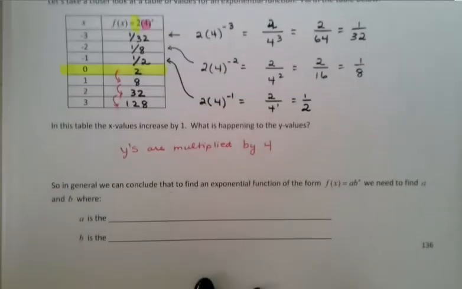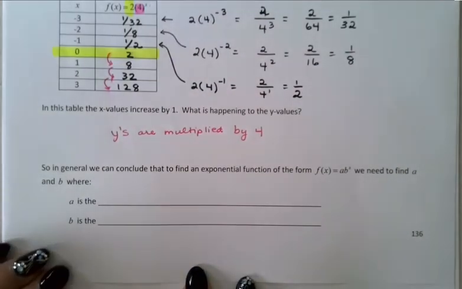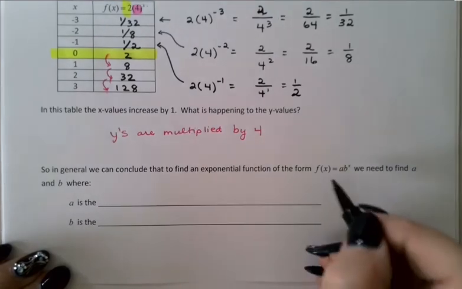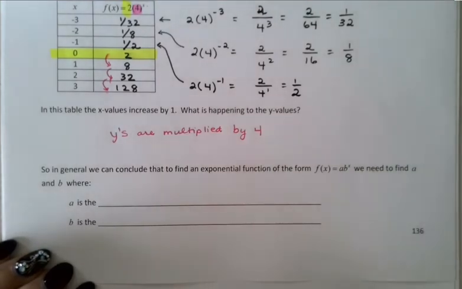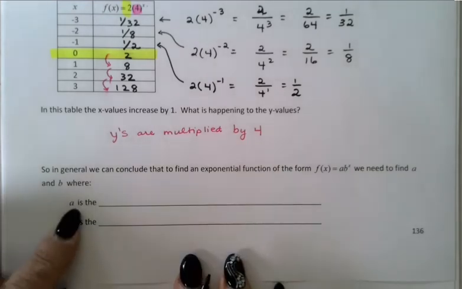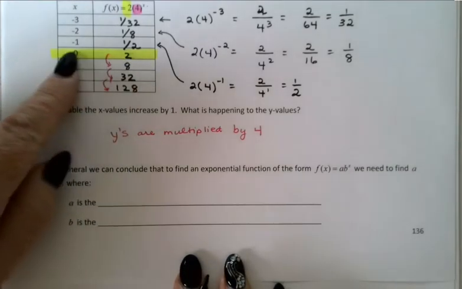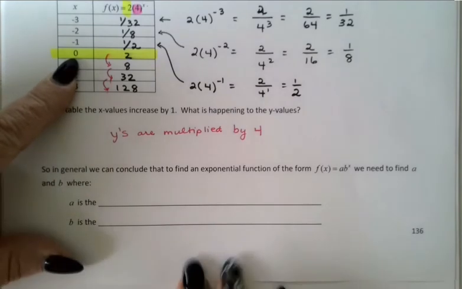So to summarize, we can conclude that to find an exponential function of the form f of x equals a b to the x, what we need to do is find a and b, where a is really just the y-intercept. It's what happens when x equals 0.